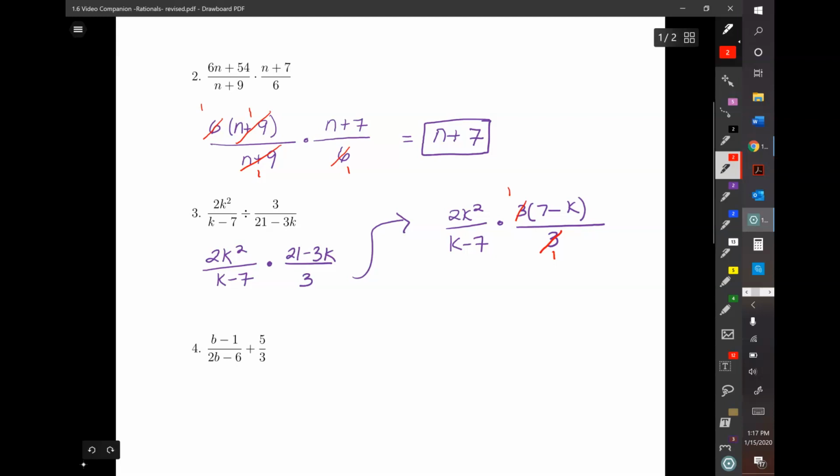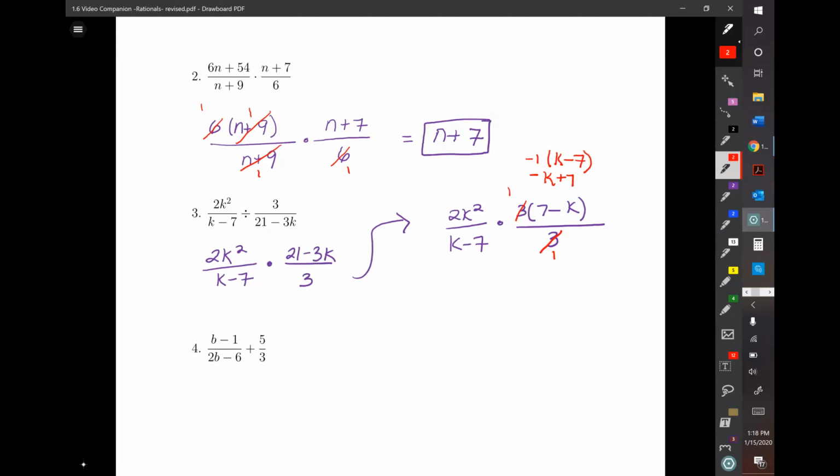Now those are really close. I could work with that a little bit. I can rearrange the 7 - k to be -k + 7, and then I can actually factor out a negative 1, which would give me a k - 7.